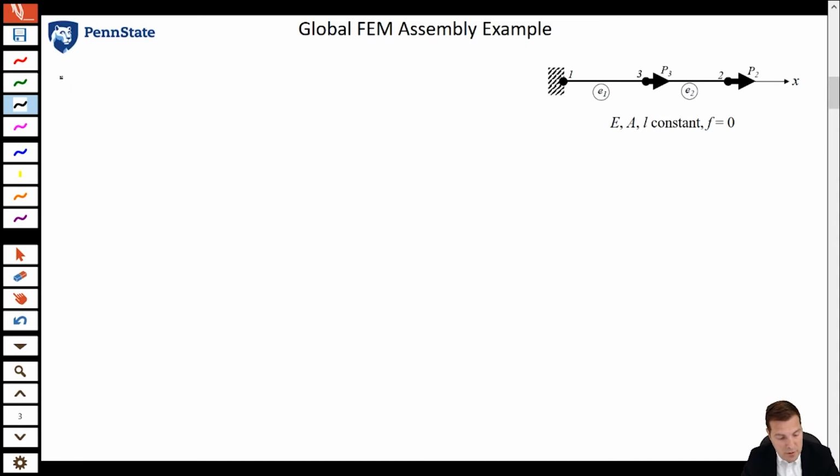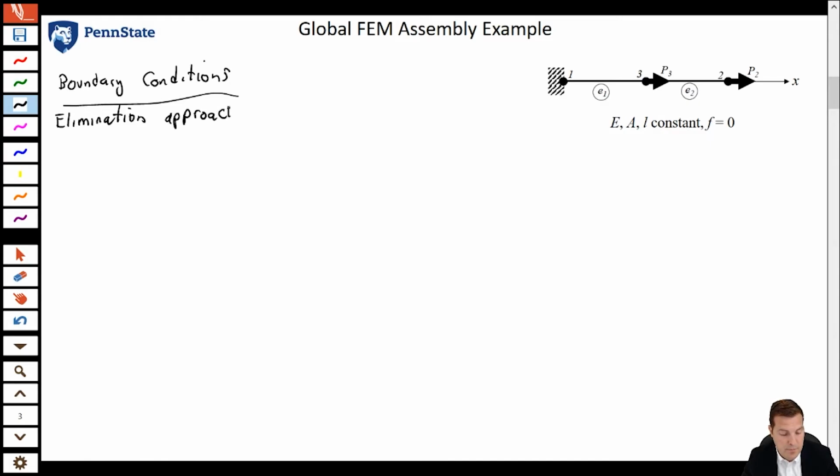All right, moving on closer to the solution procedure, we now need to apply the boundary conditions. Okay, and what are we going to use? We're going to use the elimination approach. And we'll write our Kg.